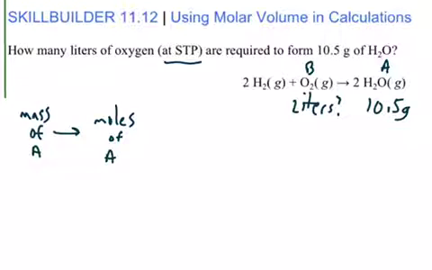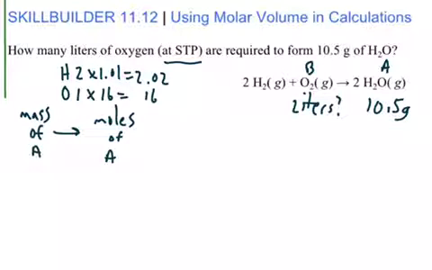Okay? And then we need to find the molar mass of water. Now remember, do not use coefficients to find molar mass. For water, there are 2 hydrogens. Each hydrogen is 1.01. So the total of the hydrogens is 2.02. There is 1 oxygen, which is 16 from the periodic table. When you add this up, your molar mass is 18.02 grams per mole.